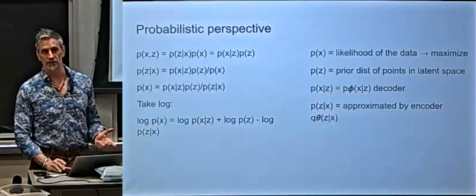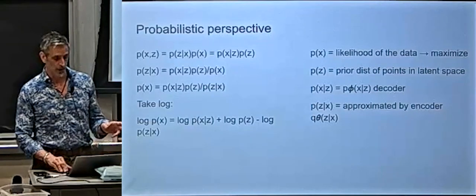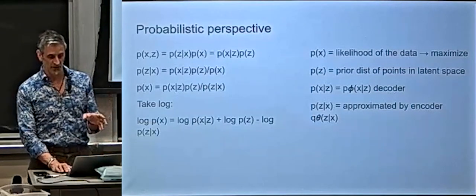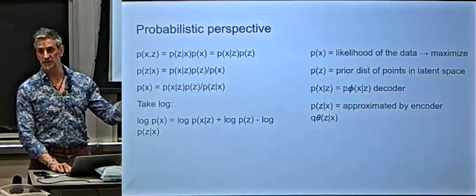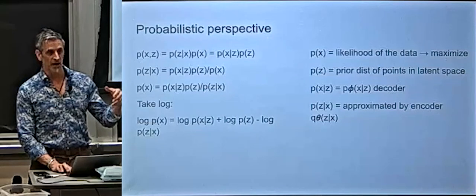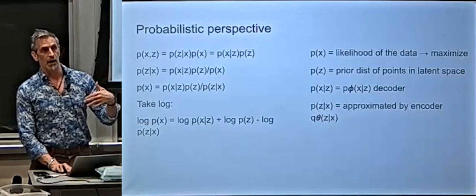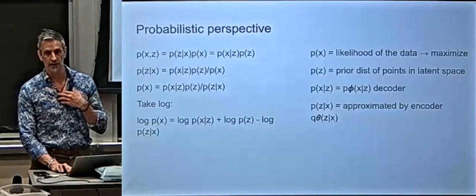Neither of those quantities we know anything about, but it's also equal to the probability of the image given the latent vector. Well, we know that's whatever comes out of our decoder, times the probability of that latent vector to begin with.